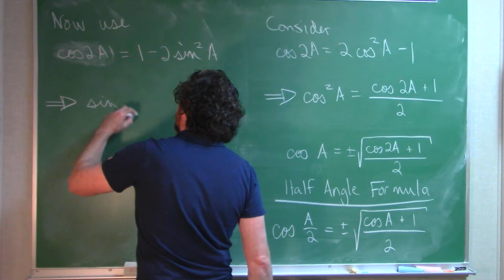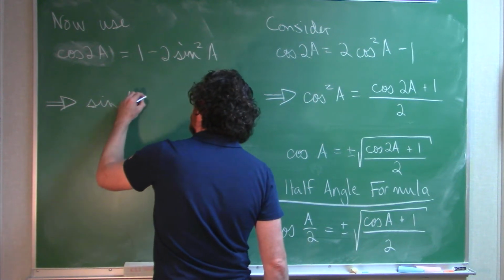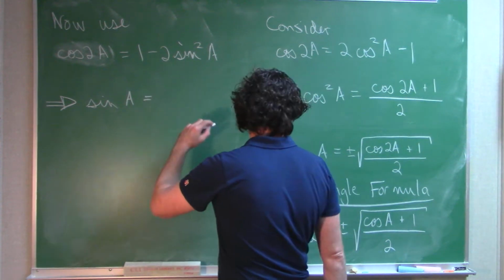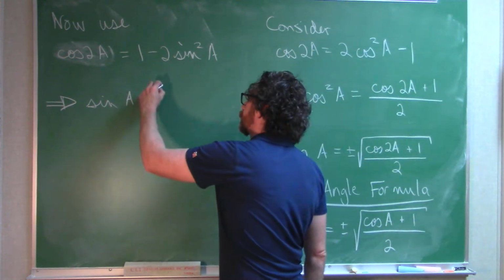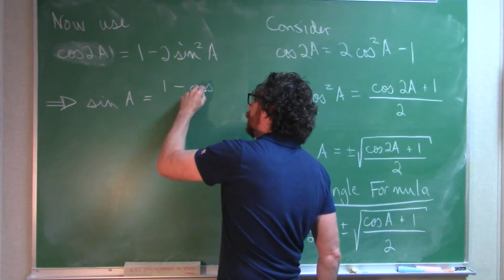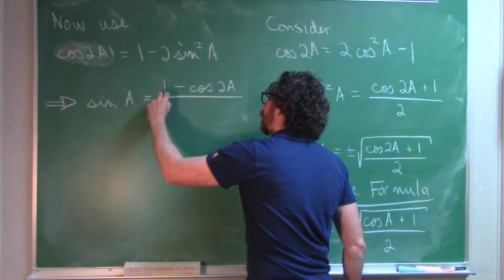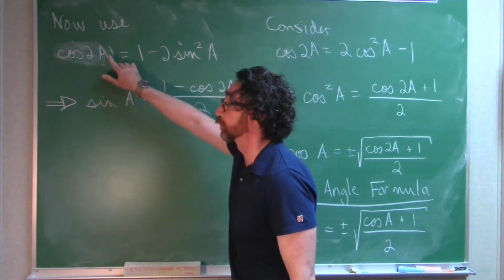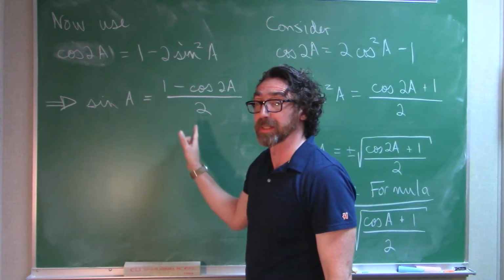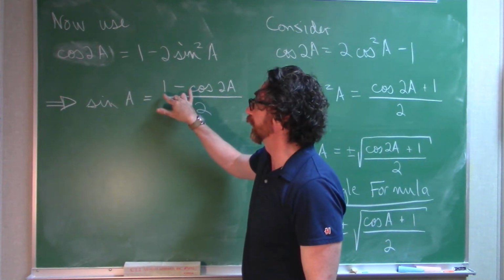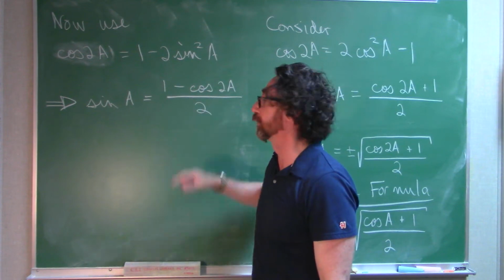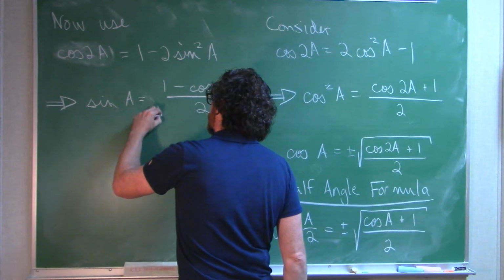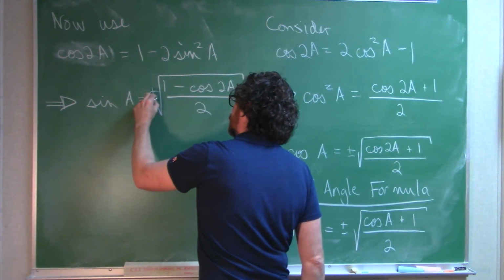So that tells me that sine a equals, well, it's going to work out like this. If we were to try to get sine squared by itself, we would subtract 1 and then divide by negative 2. So notice I actually switched the signs up top here, and this is no longer a negative. And then, of course, to actually get sine a, we've got to do this.